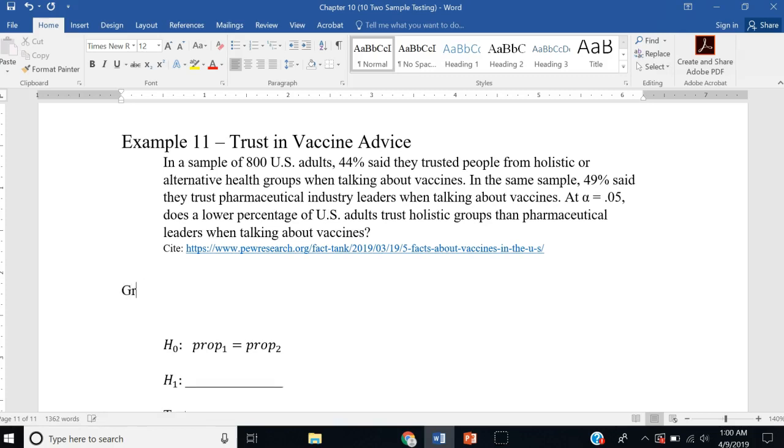Group 1, we'll call those who trust holistic, the proportion who trusts holistic. Group 2 is the proportion who trusts the pharmaceutical leaders.